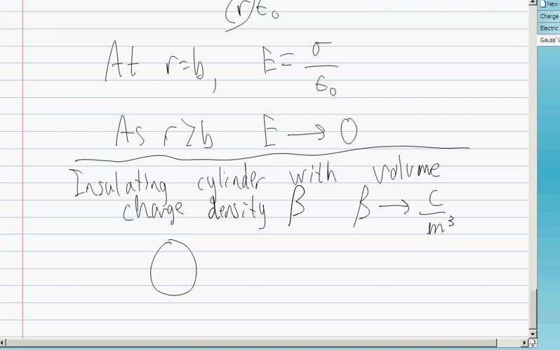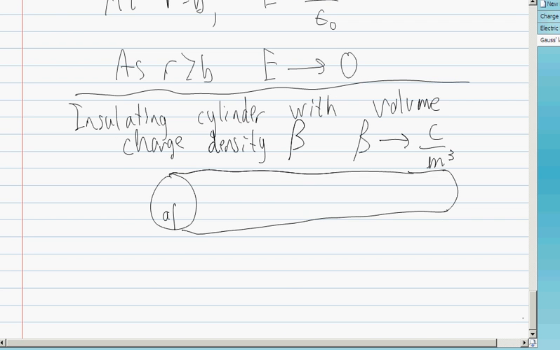So again, we'll make a radius of A this time. And if we look, the volume charge density is beta all the way through.